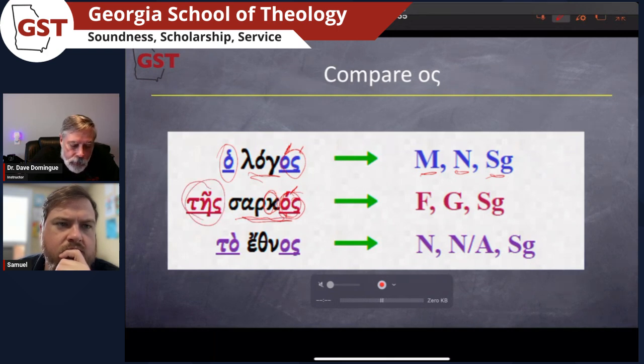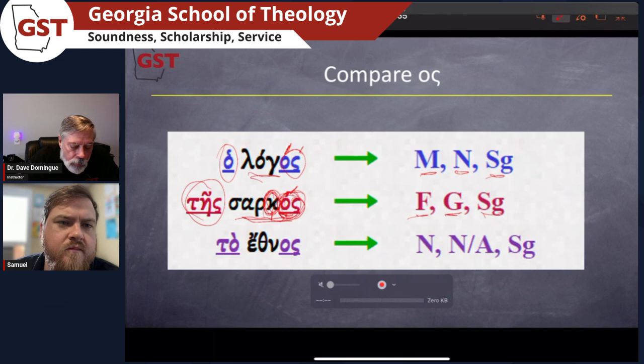That's a feminine. I can know it's genitive if I realize that that is a third declension word. If I recognize that kappa is the stem ending, sark, then my omicron sigma is a genitive form for the feminine singular for sarx, meaning flesh.